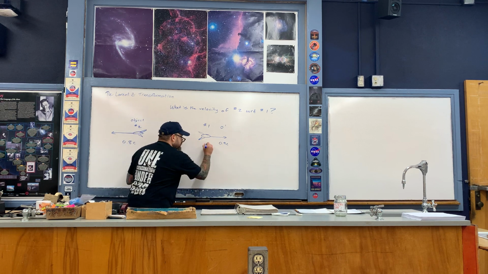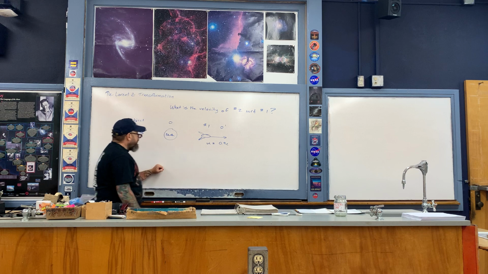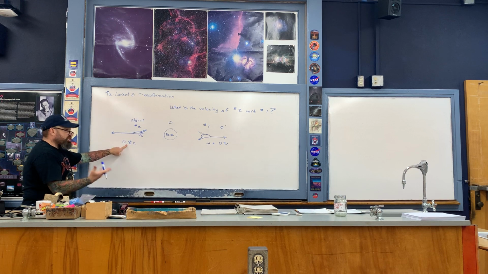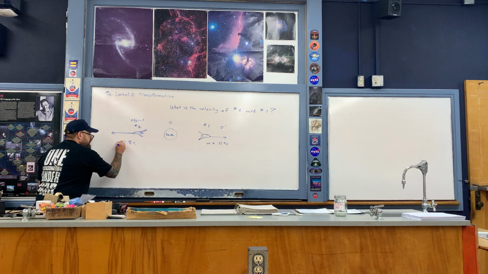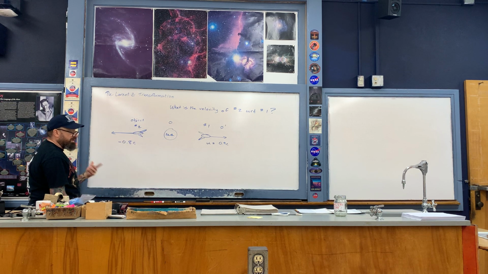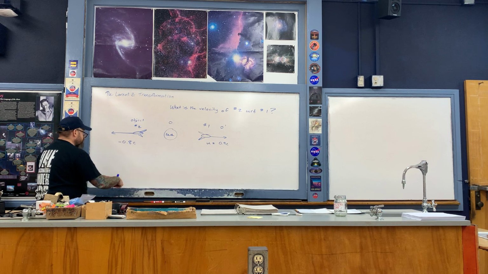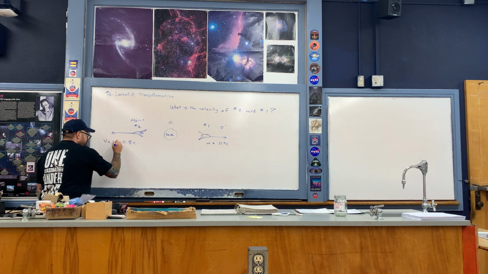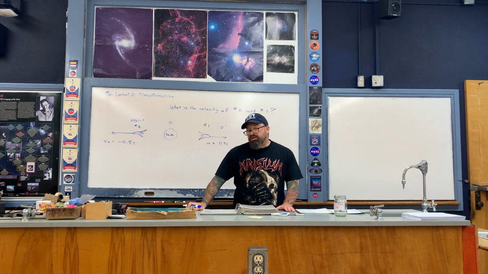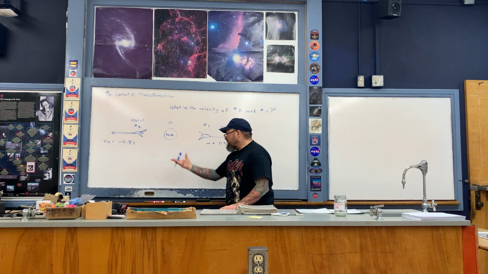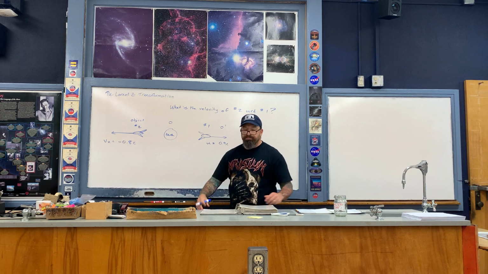So this right here is the value of u. And this right here describes the speed of the object, starship number 2, with respect to the stationary reference frame, the Earth. I give it a negative sign because it points to the left, hence the negative sign.